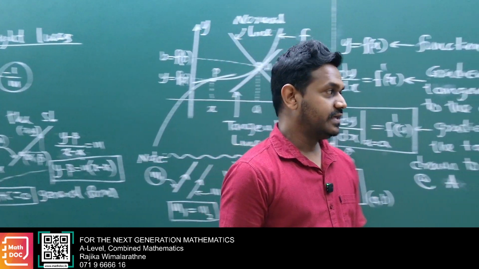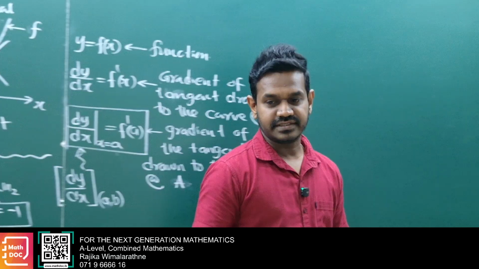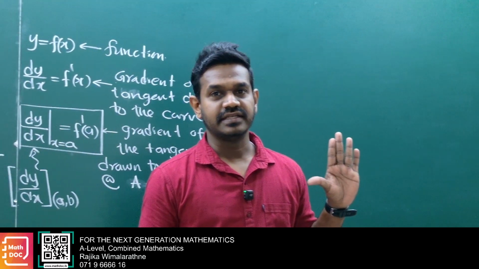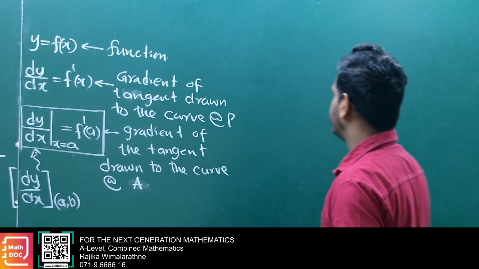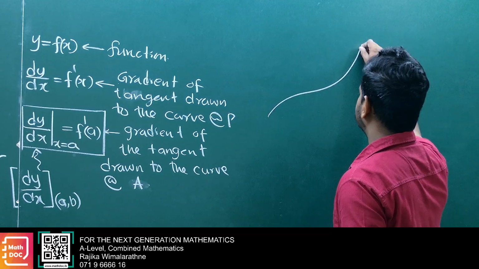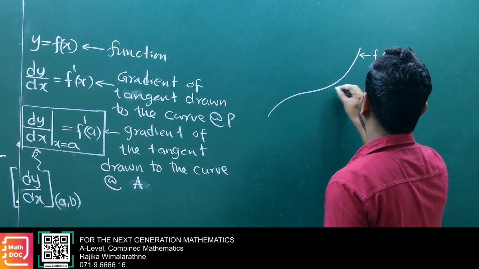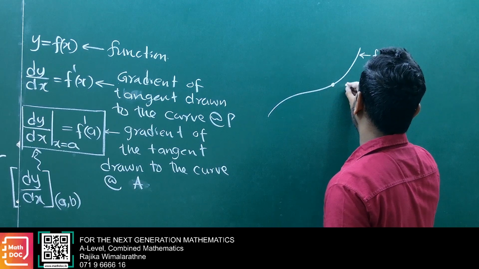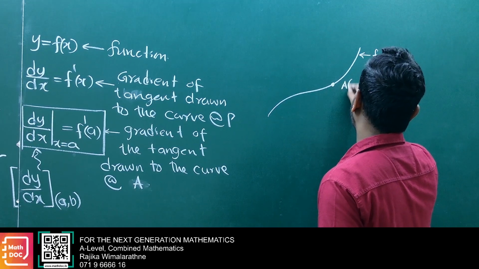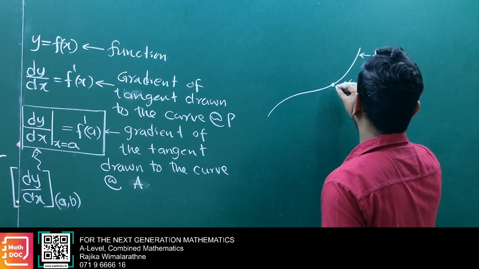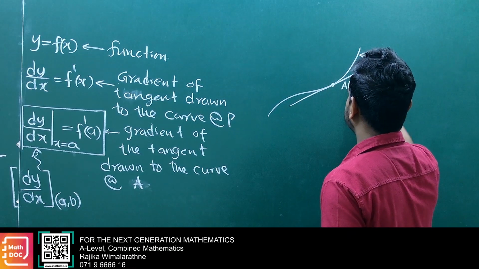Now with that, you write this relation again. When you consider your function f(x), you take this point (a, b), and we know this line is the tangent.